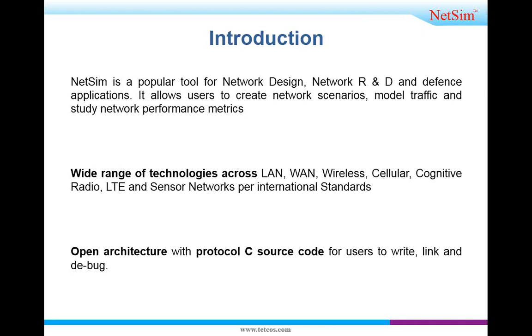The purpose of providing C source code is to enable users to edit the standard protocol code according to their own requirement, and they can further link it with NetSim and analyze the performance of their newly designed protocol. So you can modify an existing protocol and create your own protocol using C source code in Visual Studio.